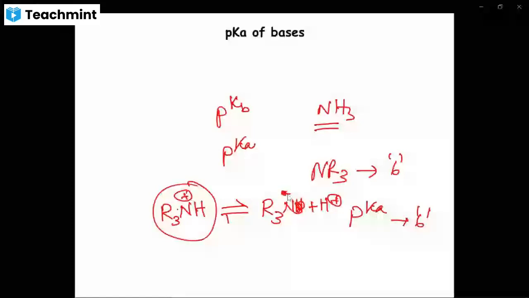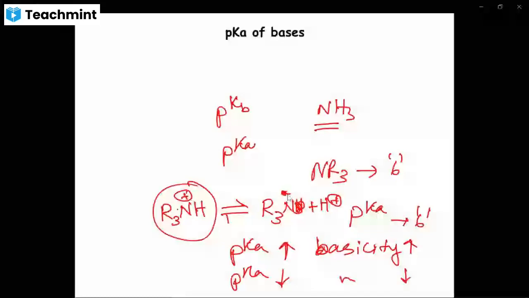So if the pK of a base is higher, will basicity be higher or lower? pK higher means basicity will be higher, and pK lower means basicity will be lower. So here the relationship is proportional, right?